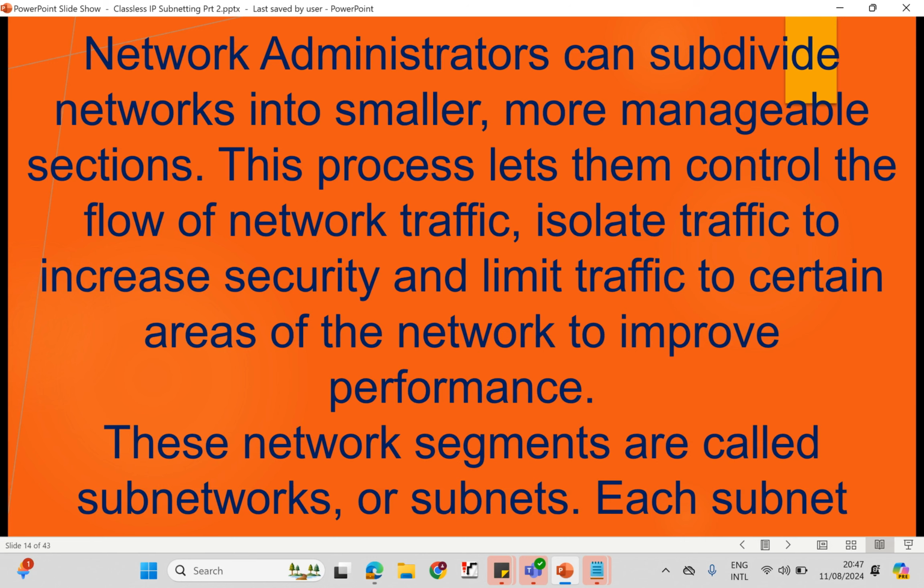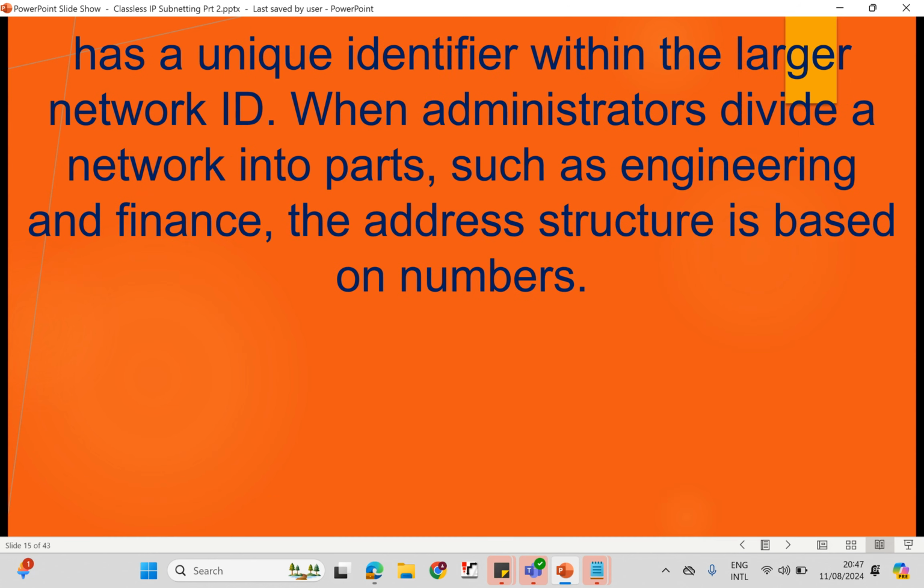These network segments are called subnetworks or subnets. Each subnet has a unique identifier within the larger network ID. Administrators divide a network into parts such as engineering and finance; in a company you could have IT department, finance department, engineering, HR, and so on and so forth.